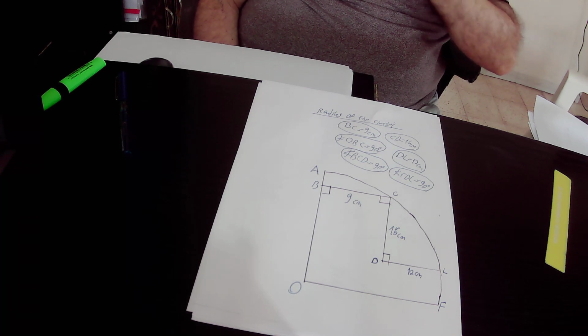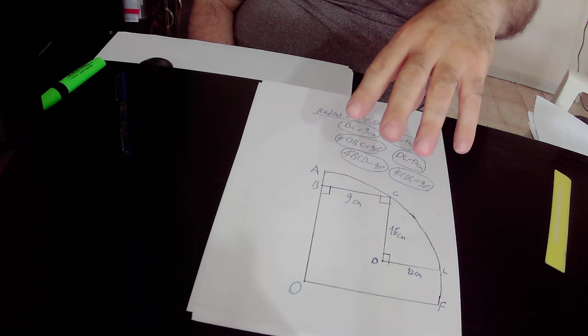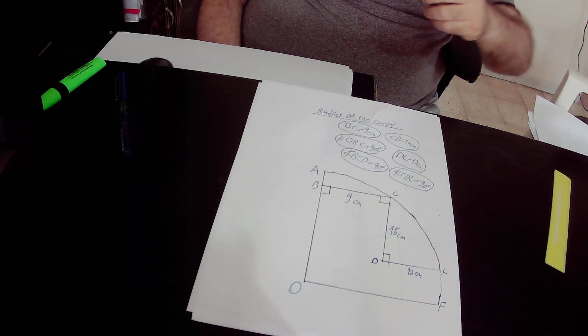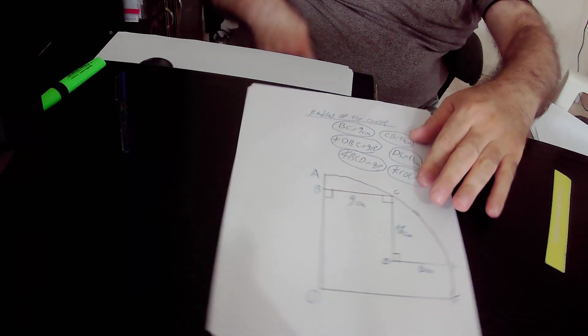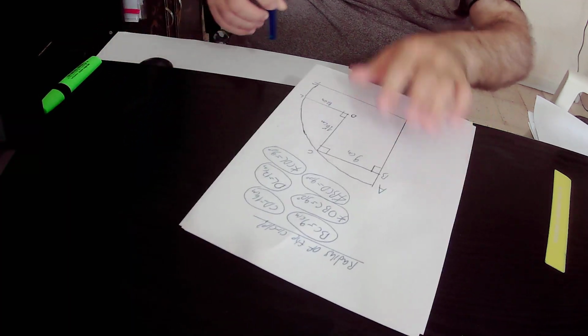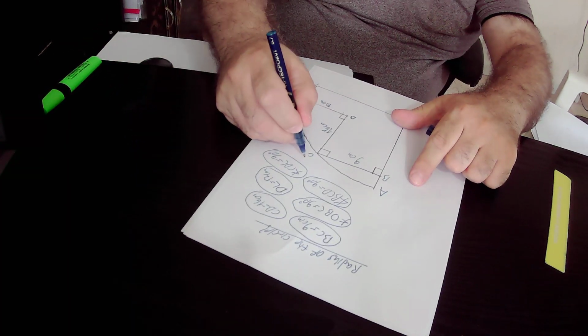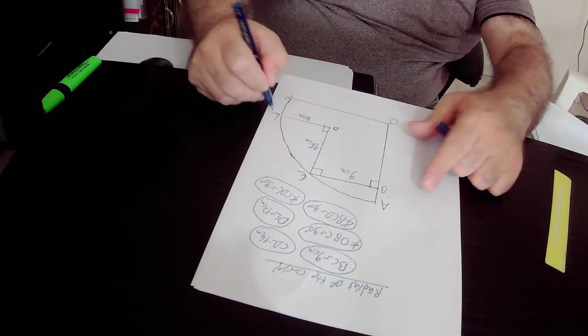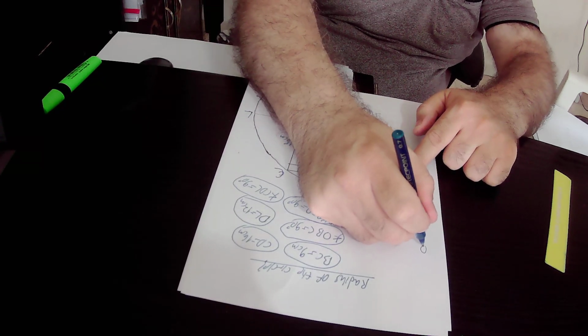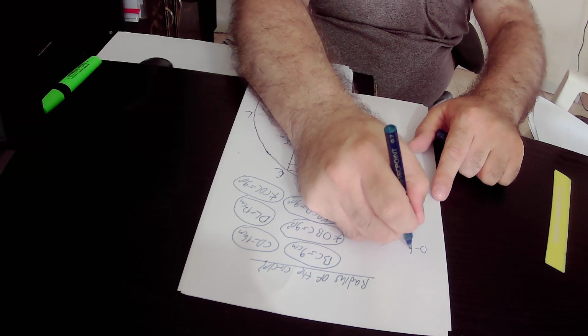Okay, because this is a quarter circle, I can conclude that point O is the center of the quarter circle, so I write it down. Point O is the center of the quarter circle.